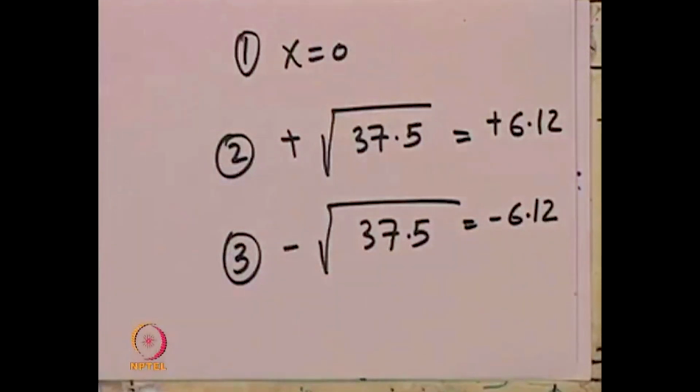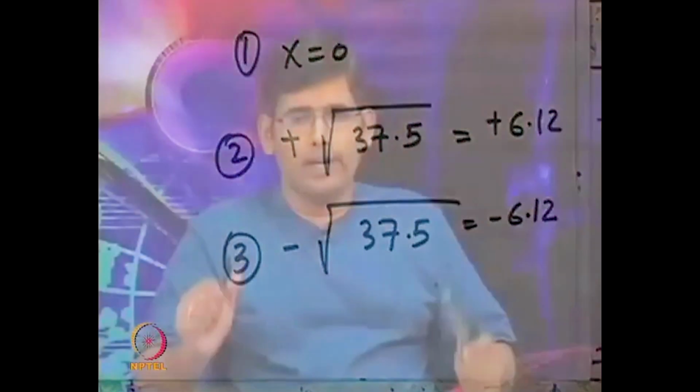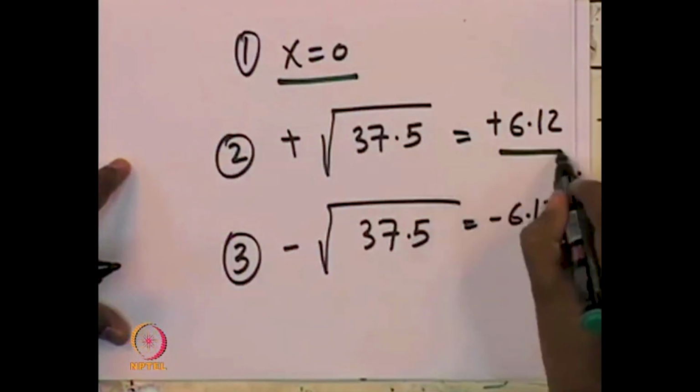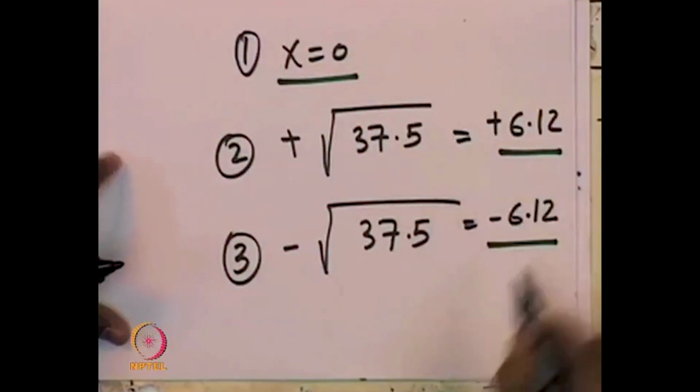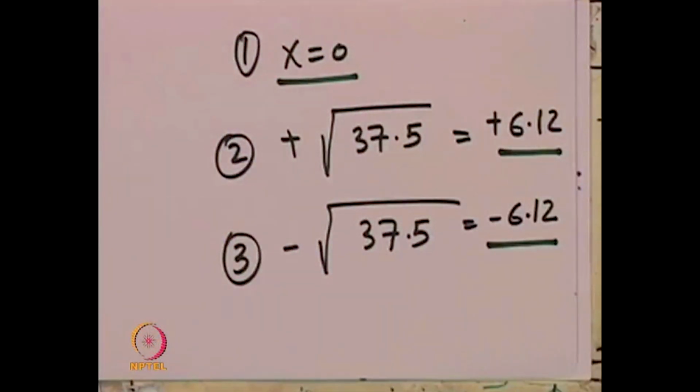So we have three numbers here: when we equated the first derivative to 0, we got three numbers. One is 0, another one is plus 6.12 and the other one is minus 6.12. Now, let us look at this plot here.